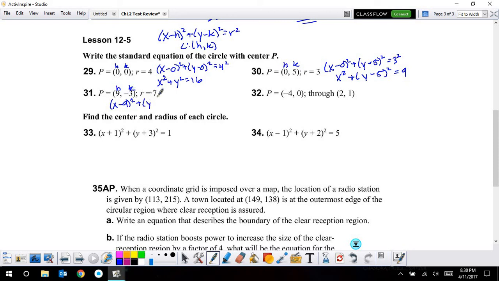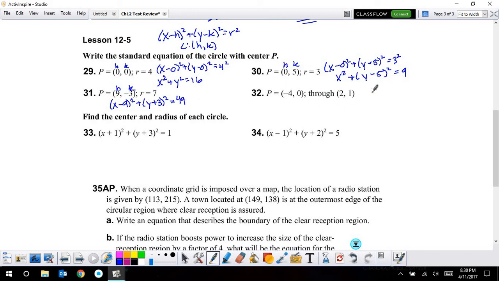Now, minus a negative 3 is the same thing as adding 3. You'll learn something called leave, change. So minus a negative 3 is the same thing as adding 3. And then 7 squared we know is 49. And you're done with that.